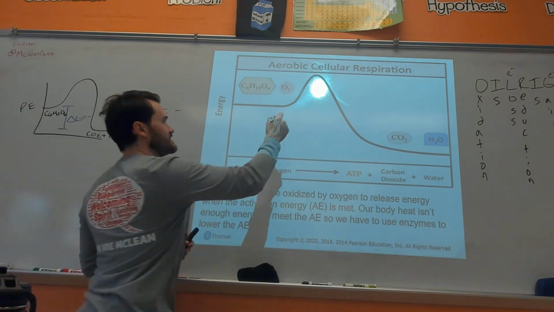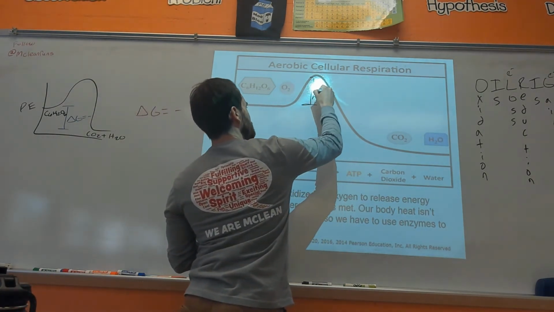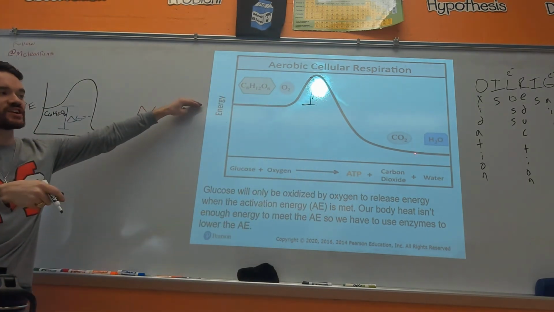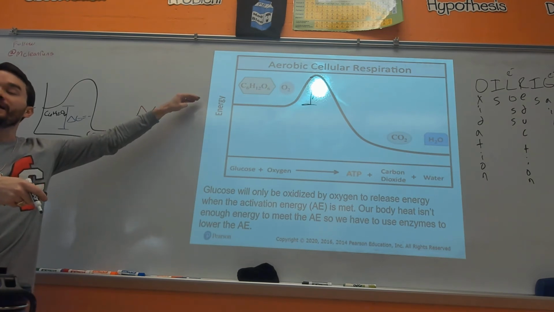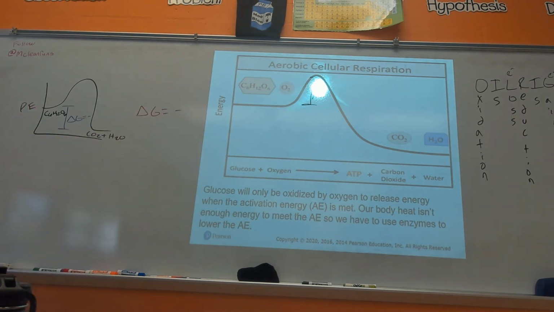The reason is this: the activation energy. The activation energy prevents us from releasing all that energy. Our body heat isn't high enough where we can naturally make these reactions happen. So that's where we have enzymes.